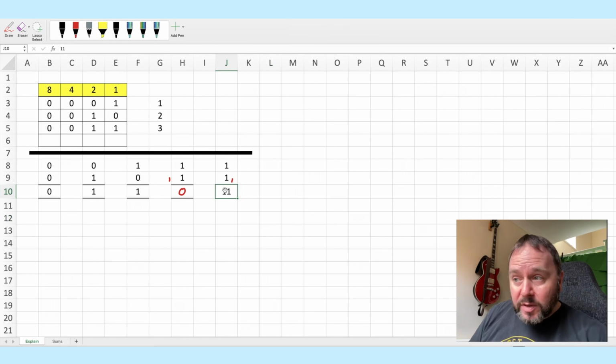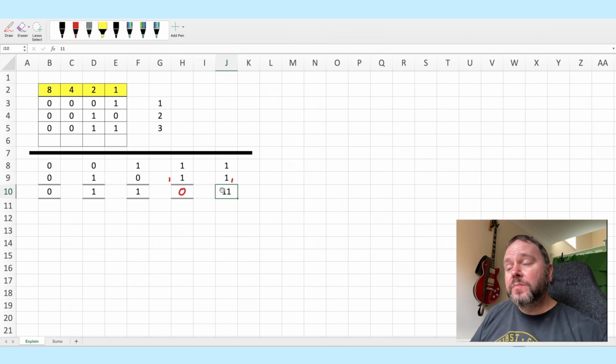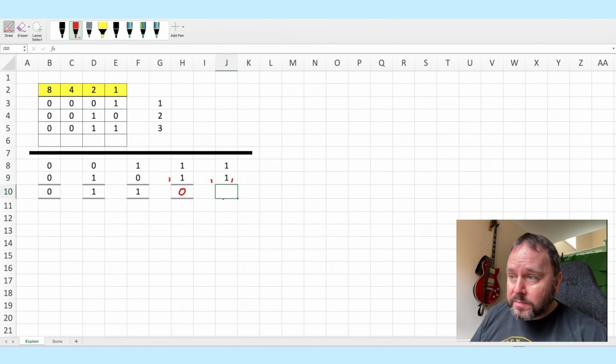So we would carry the number on the left, the most significant bit, the biggest number. We would carry that and put the least significant bit, the one on the right, in the box, which is the same thing if it's ones, isn't it? So we would carry the 1 there, and then we would write that down there.